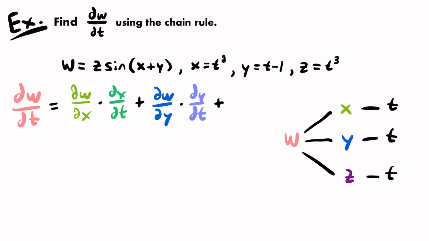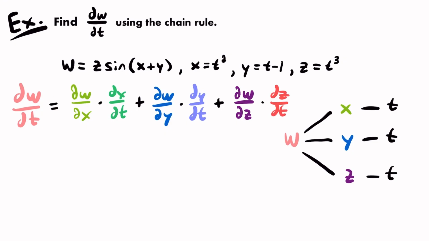We want to add another term for the third path of this tree, where we take a partial of w with respect to z, and then take a derivative of z with respect to t. So we get a partial of w with respect to z times the derivative of z with respect to t. Okay, and so that is how we will find dw/dt for this function.